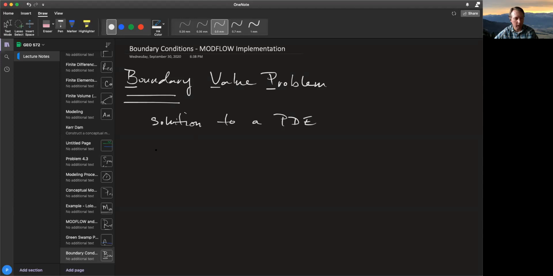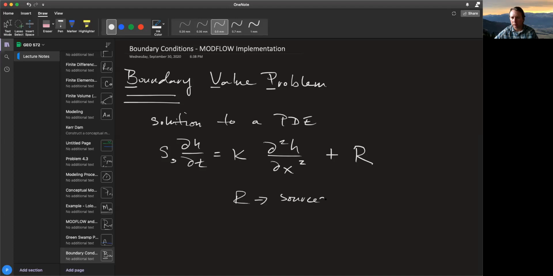So recall, for example, we've been working with this PDE a lot. Ss dH/dt is equal to K d²H/dx², and I'm going to add a term here, plus R, where R is sources or sinks of water in our domain.